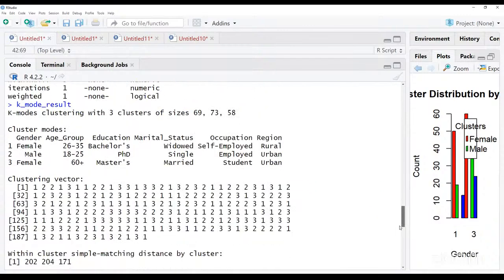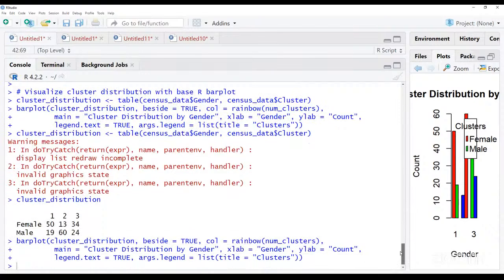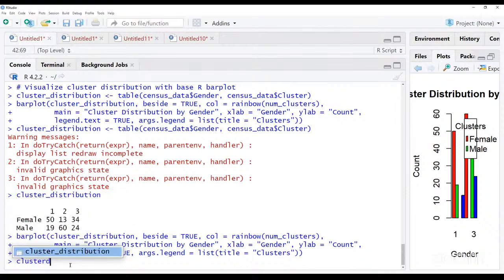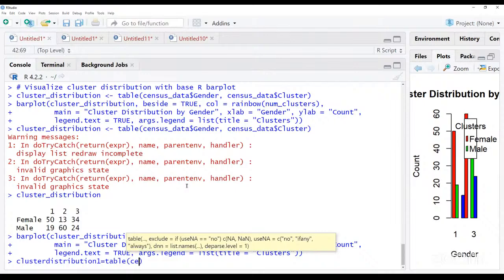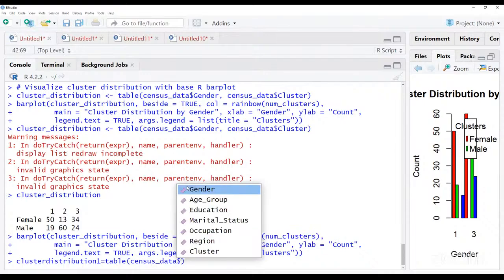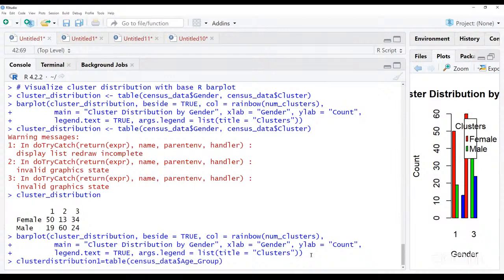Okay, you go below. So you can write down cluster distribution 1 equal to table, bracket, census data dollar age group, comma, census data dollar cluster.